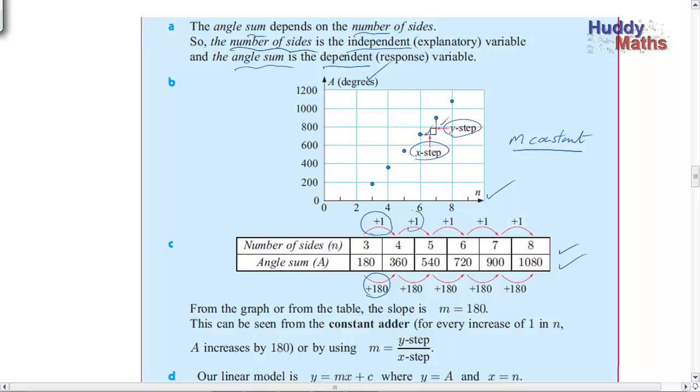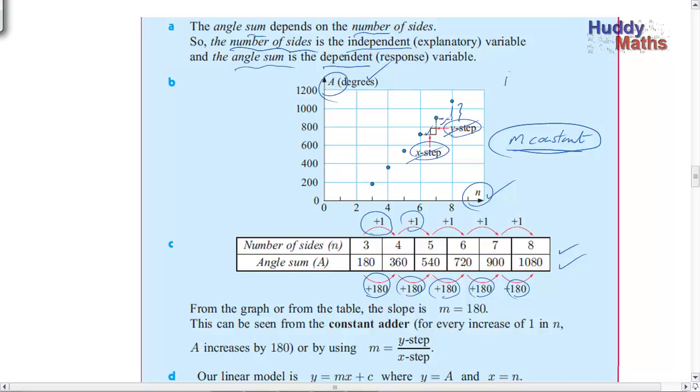So every time you go up by 1, can you see, this is a constant adder, that's often said. But it's really saying it's linear because it's got that constant slope. So every time you go across in the x, you must have a constant y step. And I don't like y's and x's in modelling because we've got axes of a and n. So it should be delta a on delta n, or a step on n step.